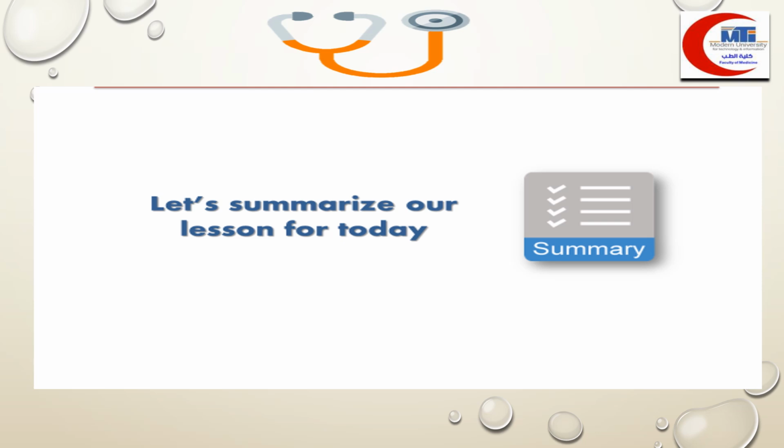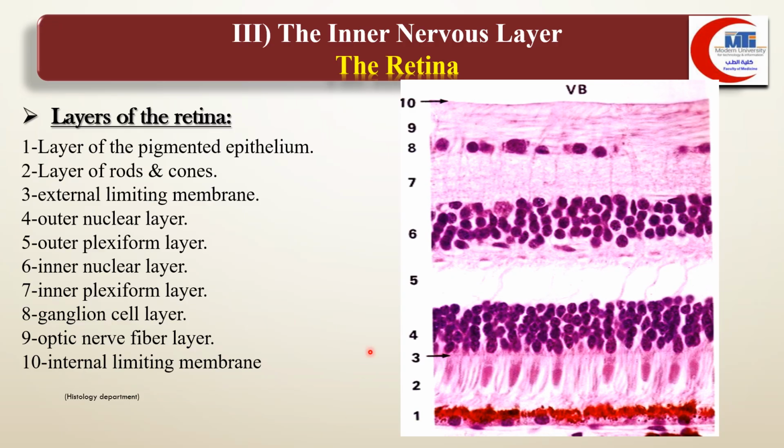Let's summarize our lesson for today. The layers of the retina include the retinal pigmented epithelium, the layer of rods and cones, and we mentioned that this layer contains only the outer segment of rods and cones.